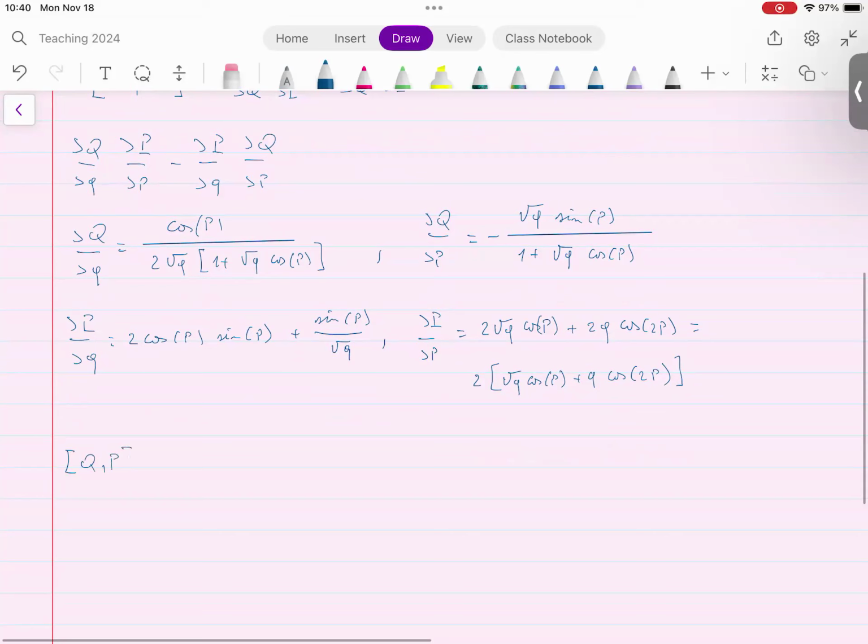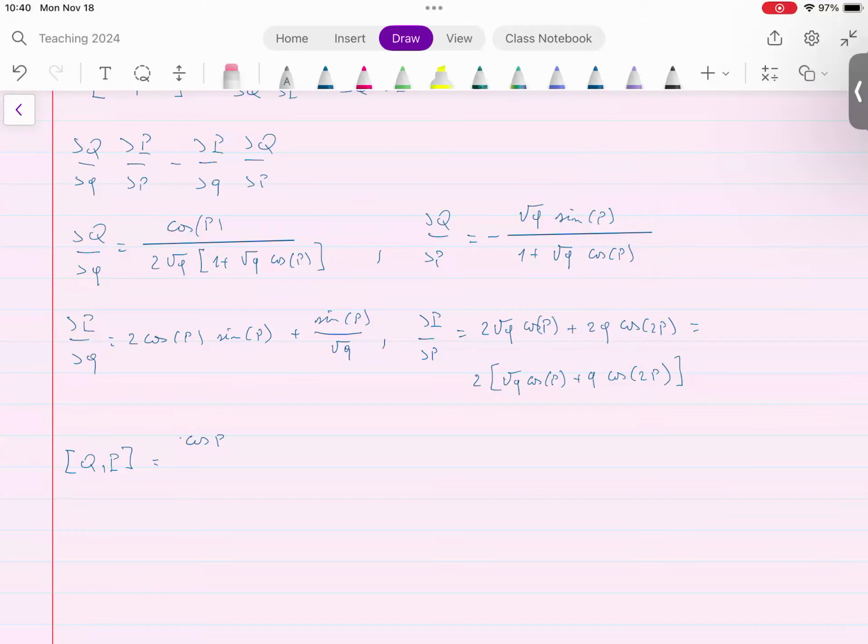The Poisson bracket of q and p is equal to square root of q. I'm just going to write the result. So I have cosine of p.